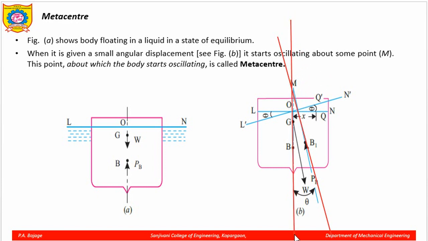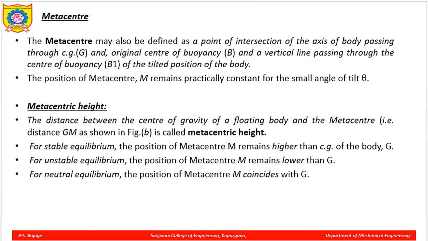This is the B1 position, that is B is shifted to B1, that is the center of buoyancy is shifted to another axis in the tilted position. The position of metacenter M remains practically constant at an angle of theta. So an angle of inclination is formed, that is theta.